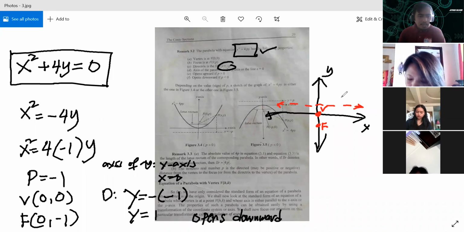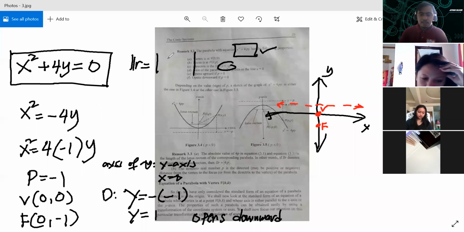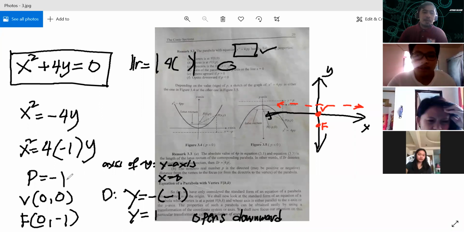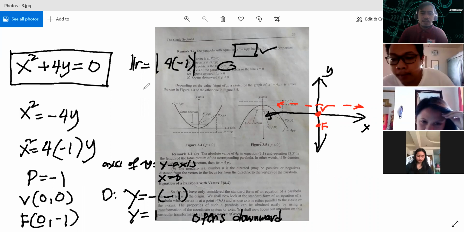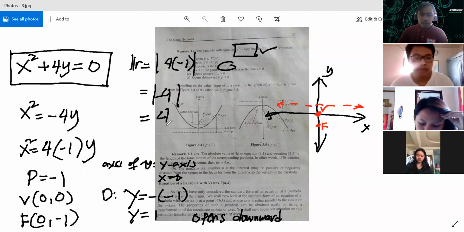Okay. And then we can sketch. But if we want to be precise with our parabola, we should know the length of our latus rectum. What is the formula for the length of the latus rectum, class? Absolute value of 4p. Your p is negative 1, so it will be the absolute value of negative 4, which is positive 4.